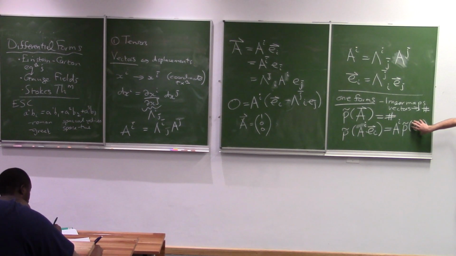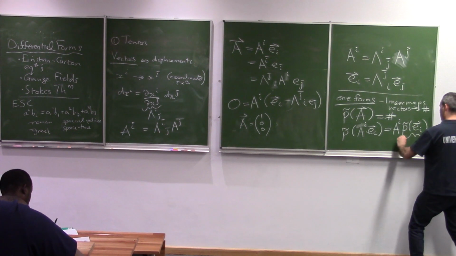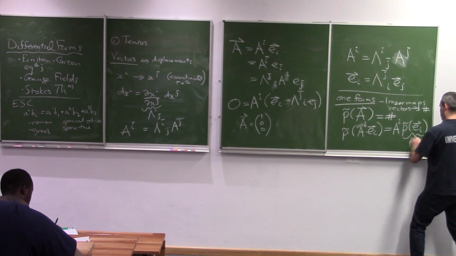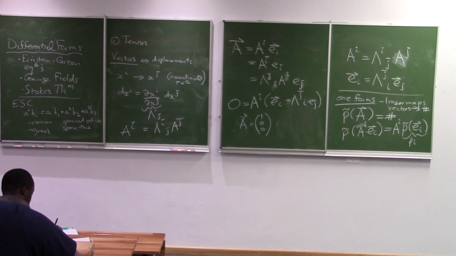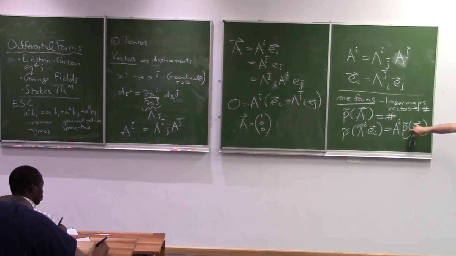And when I feed one of my basis vectors to the one form, I'm going to give this a special name. I'm going to call that p_i. This is a definition of what p_i is: what I get when I feed a particular basis vector to my one form.